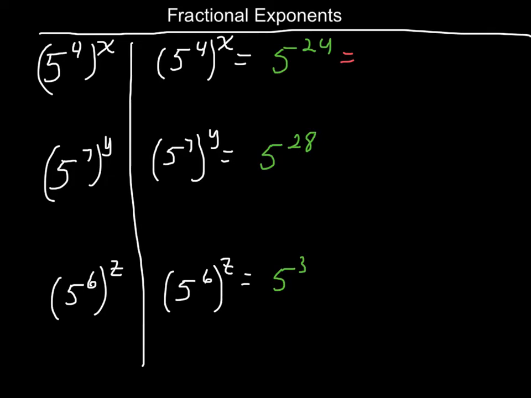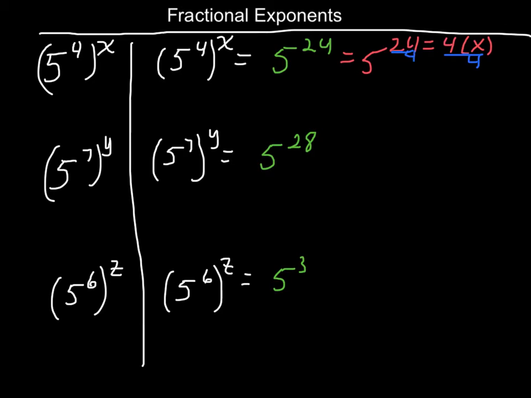So that means that this one would be 5 to the 24, which is equal to 4 times x, like that. And then, of course, if I'm going to solve this equation right here, I'm going to need to divide this by 4, and then I divide that one by 4. And you're like, can you really divide exponents? Of course I can.